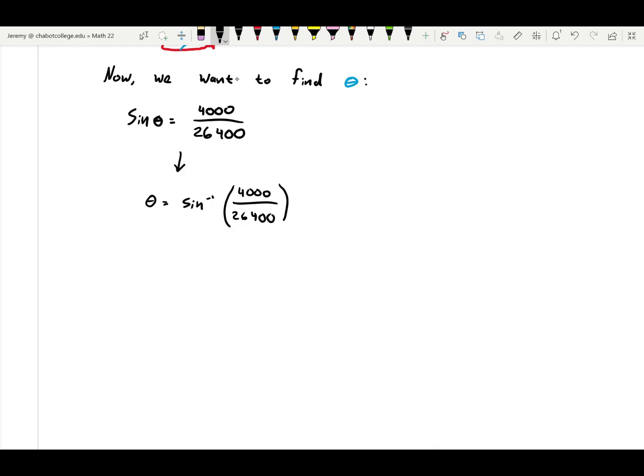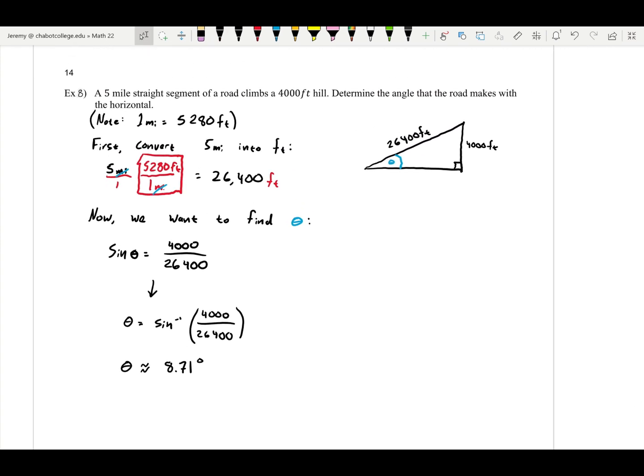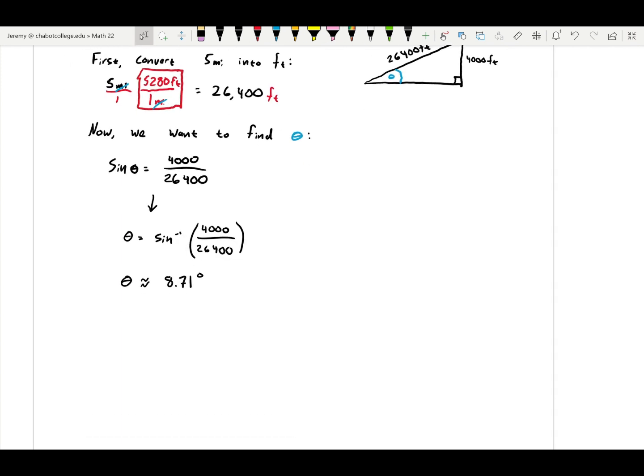All right, from my calculator, I got that theta is equal to 8.71 degrees, and really this is an approximation, so I'll put approximately 8.71 degrees. So that's going to be our final answer for this. We wanted to determine the angle that the road makes with the horizontal, and we can just box this up.